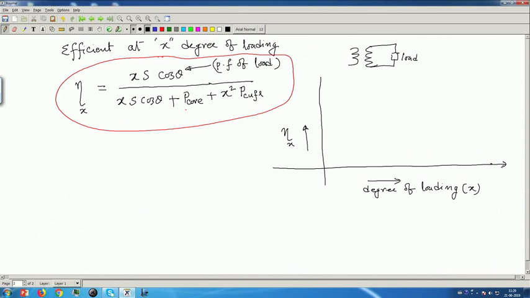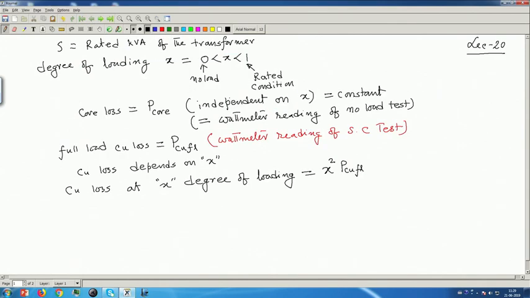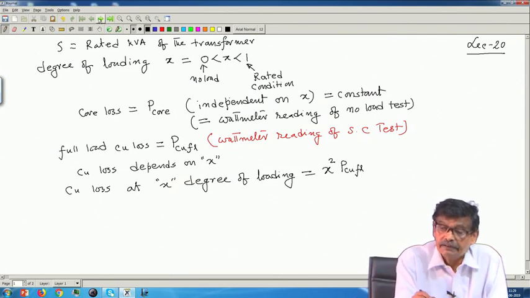What is the domain of x? As I told you, x equal to 0 corresponds to no load, x equal to 1 corresponds to rated condition, that is, coils are carrying rated current.